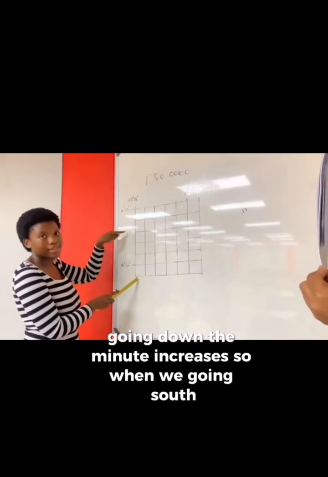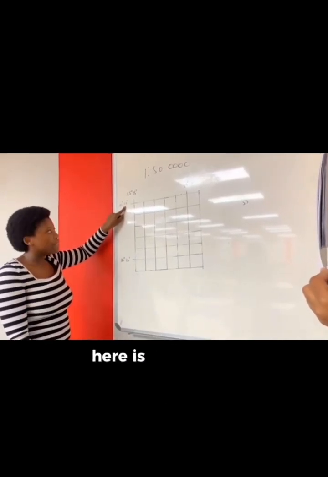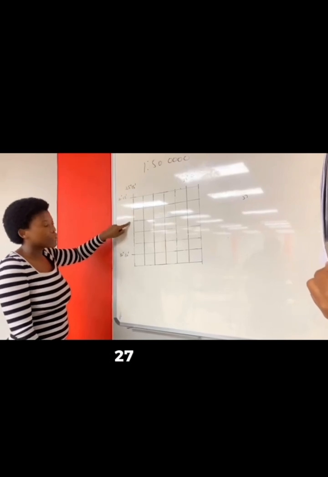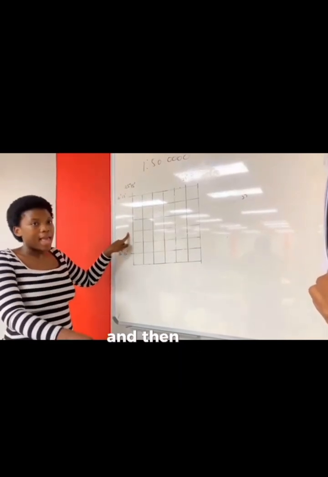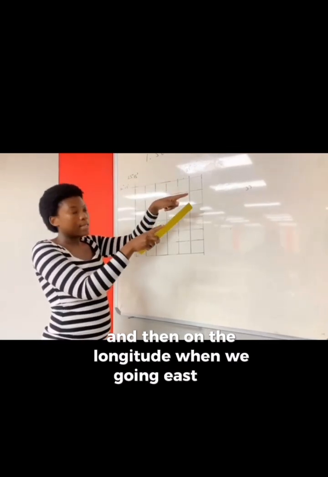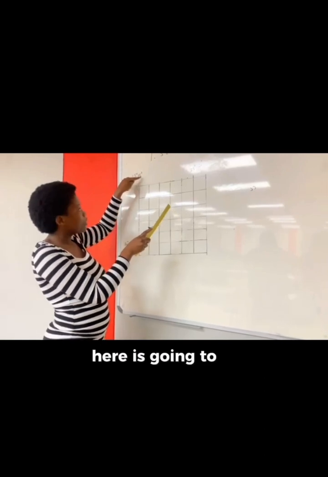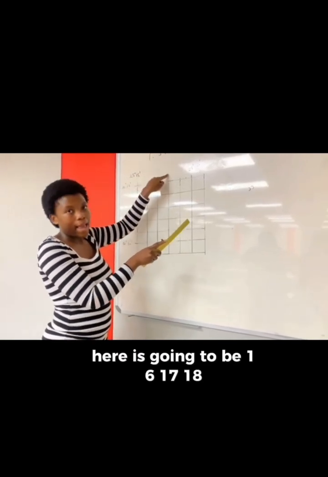So when we're going south, the minutes increase. Since it is 25 minutes here, it's going to be 26, 27, 28 minutes. And on the longitude, when we're going east, the minutes increase, which means when it's 15 here, it's going to be 16, 17, 18.